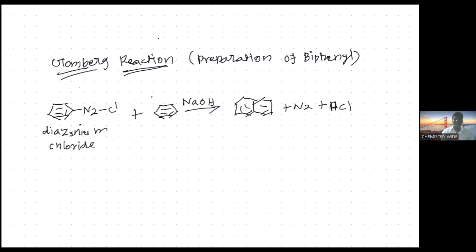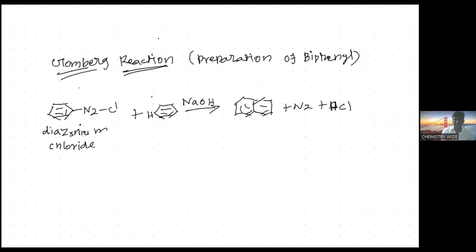So in this reaction, this nitrogen is going to eliminate and HCl will be formed.